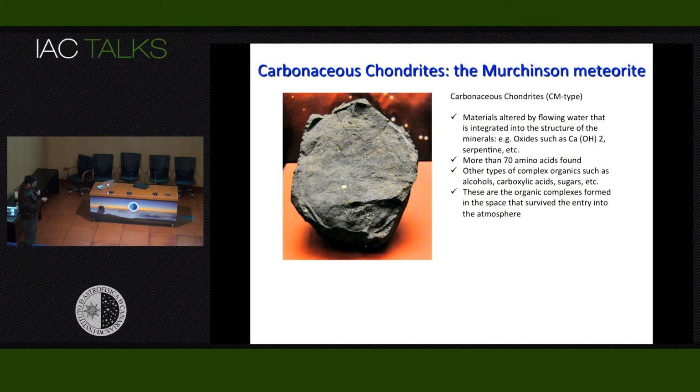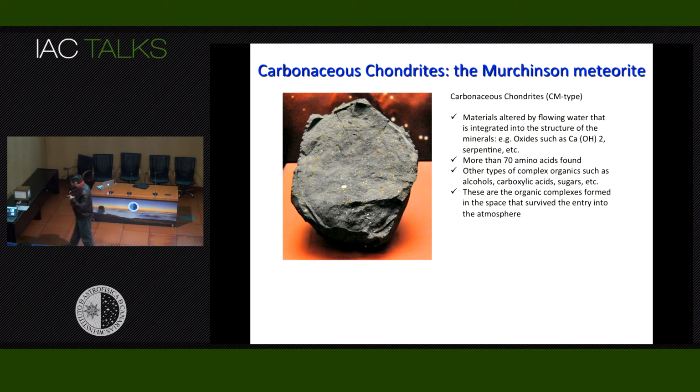But in these objects, we found two things. We find water in the structure of the mineral. We have what we call hydrated minerals, a lot of them in the structure of carbonaceous chondrites. And we found complex organics like alcohols, carboxylic acids, sugars, and in particular, we have found different amino acids in this kind of meteorites.